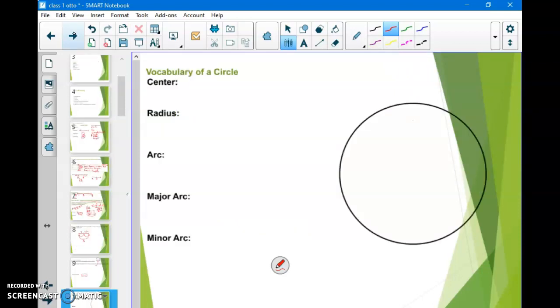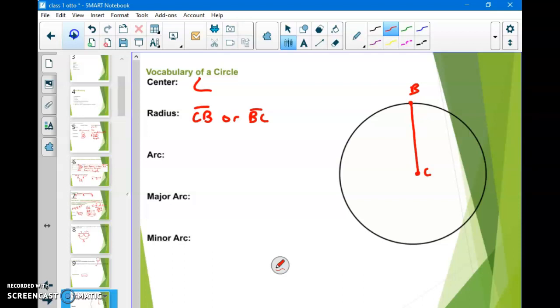On here we have a center, and I'm going to label my center C, and then a radius goes halfway across. So if I call my center C, I would call my radius CB, or you can call it BC. Both of them are correct names.